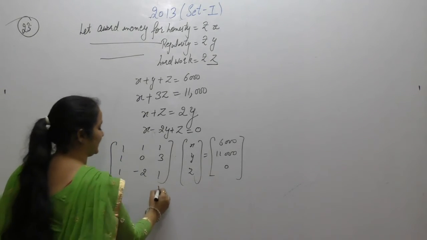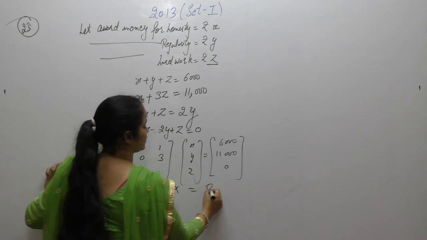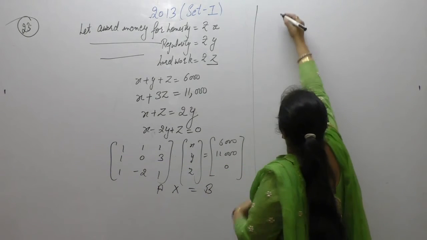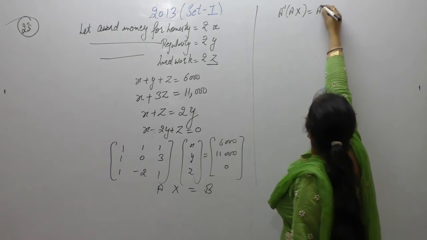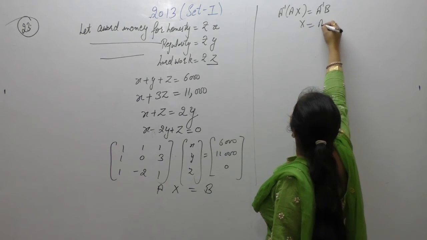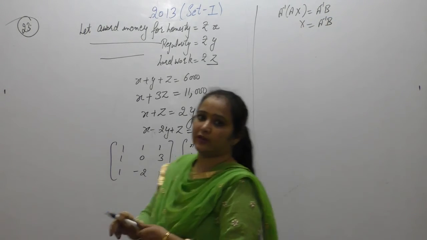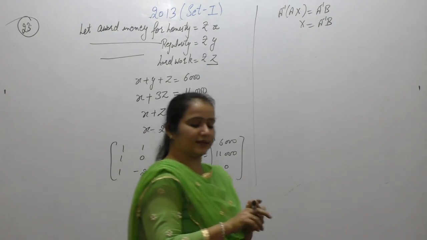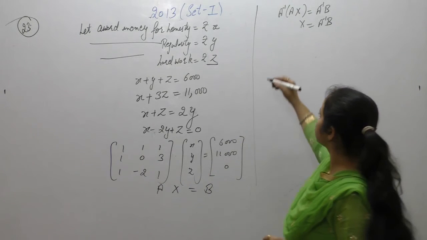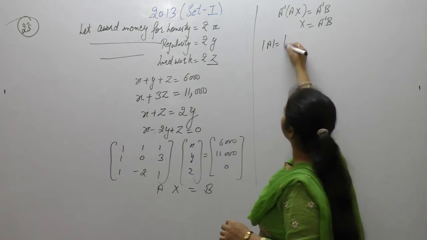Now this is matrix A, this is X, this is B, so AX equals B. By multiplying by A inverse, X is equal to A inverse B. Now A inverse exists when the determinant of A is not equal to 0. So first find the determinant of A.